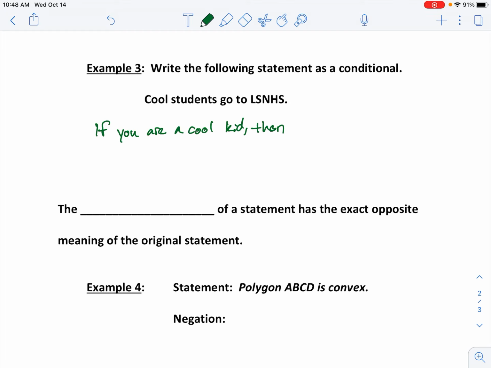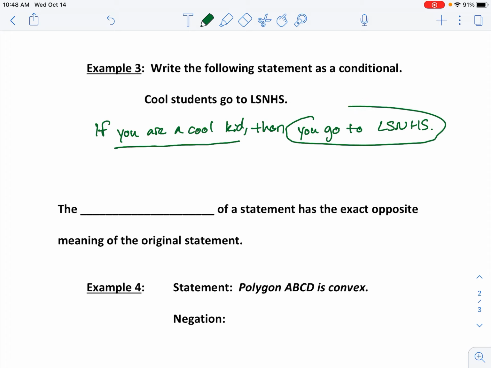I know some of the people watching this don't go to Lee's Summit North, so maybe we should say LSR 7, but oh well, I'll keep it the same. So again, the hypothesis is you are a cool kid, and the conclusion is you go to Lee's Summit North.